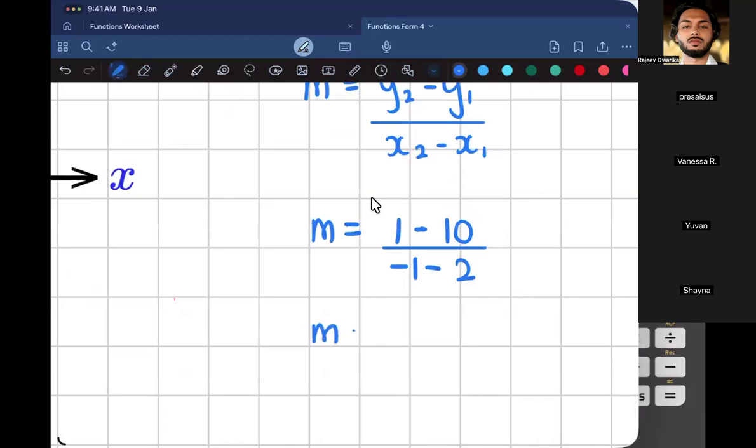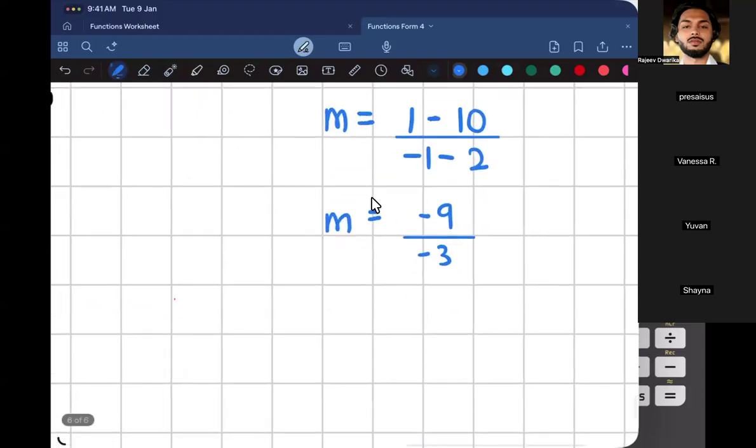So what is 1 minus 10? -9. And what is -1 minus 2? -3. Well, negative divided by negative is a plus, right? So plus. And how many times could 3 go into 9?